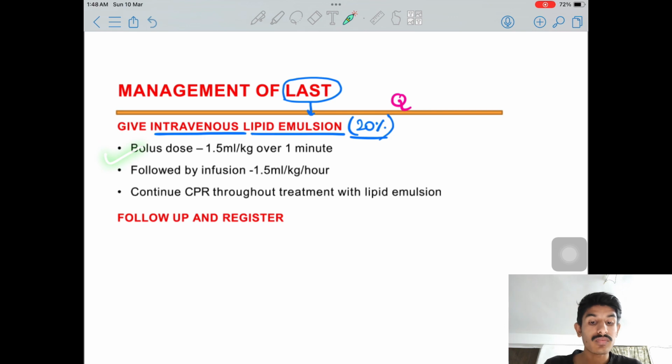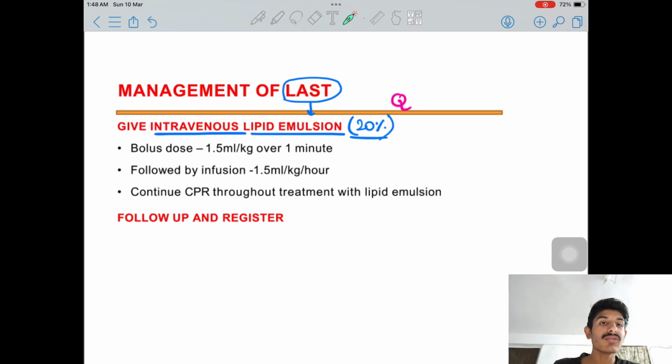What is the bolus dose? The bolus dose is the first dose. You will give 1 ml per kg of body weight. You calculate by the body weight of the patient and give 20% intralipid slowly over 1 minute, followed by infusion. After 1 hour you will repeat the dose and continue CPR throughout the treatment with intralipid.